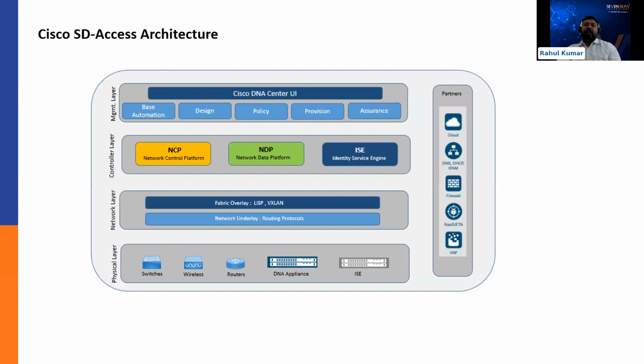They have their own operating system, interfaces, and link connectivity. If we talk about the network layer, it consists of two sub layers, the underlay network and the network overlay. I will be doing a deep dive on these two sub layers.